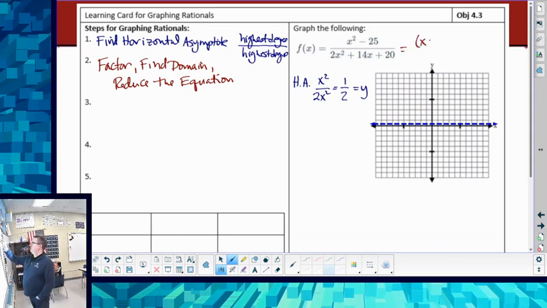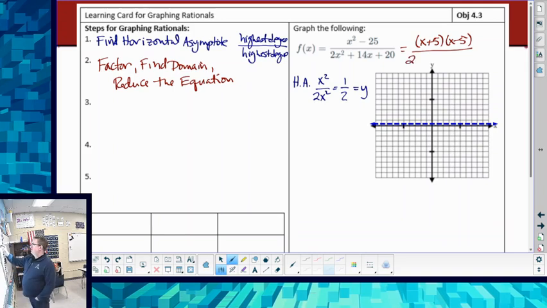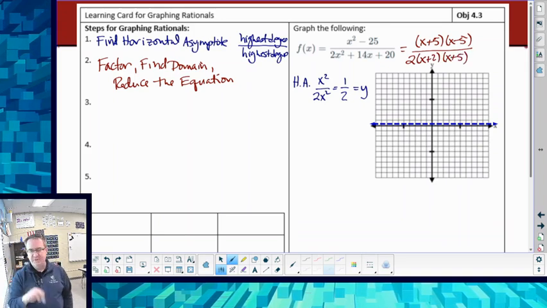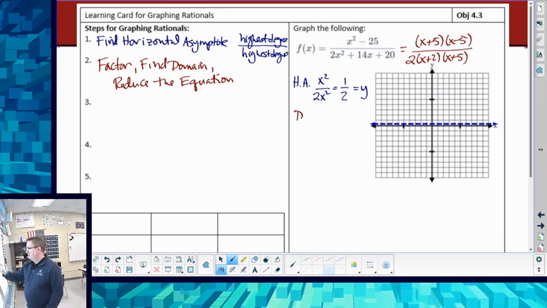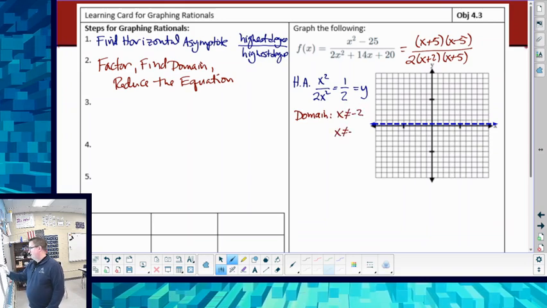The top is going to factor into x plus 5, x minus 5. The bottom, you can divide a 2 out of it, and then whatever's left over, you're going to get x plus 2 and x plus 5. Now, before you cross off the x plus 5s, I'm just going to make a note over here that for my domain, x can't equal -2, and x can't equal -5.